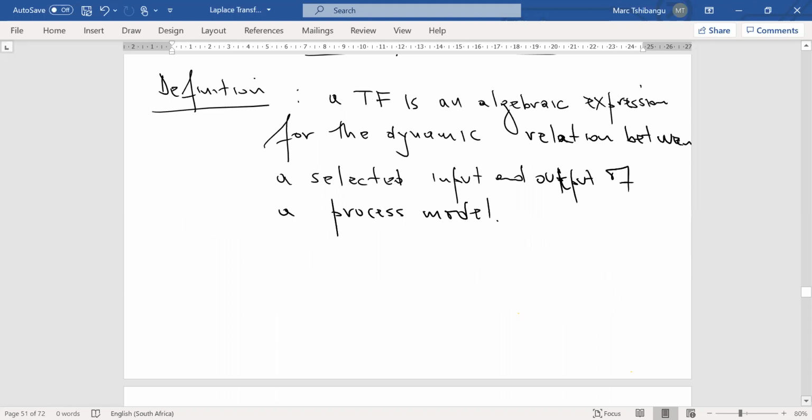It's also important to note that a transfer function can be derived only for a linear differential equation, because the Laplace transform can only be applied to linear equations. And again, if the model is non-linear, then it must be linearized first.